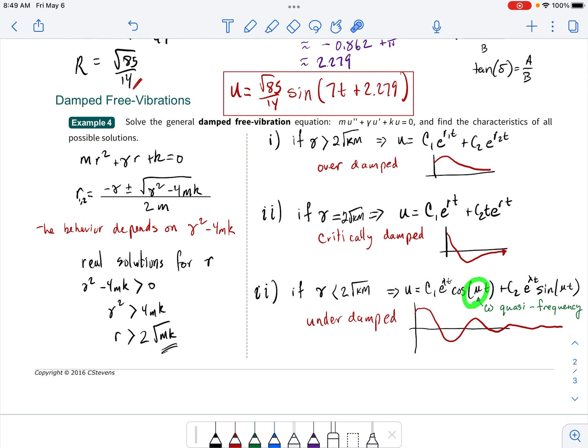Mu is the imaginary part, and then we'll have the same thing for our sine term. And this new mu inside the sine and cosine, that's our quasi-frequency. So it changes a little bit. If we remove the damping here, we're back to the natural frequency. But with that damping, we've got a slightly different, and sometimes drastically different, quasi-frequency.